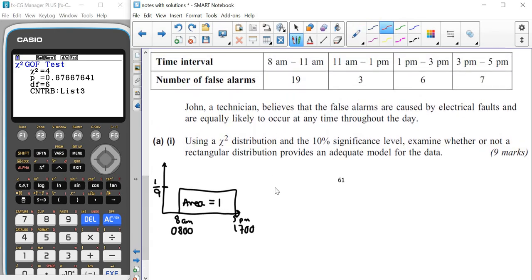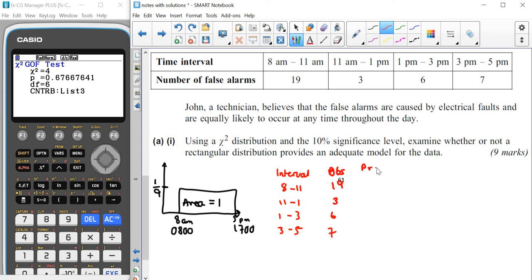So then if we first just copy our intervals, between 8 and 11, 11 and 1, 1 and 3, and 3 and 5. For our observed, we have 19, 3, 6 and 7.